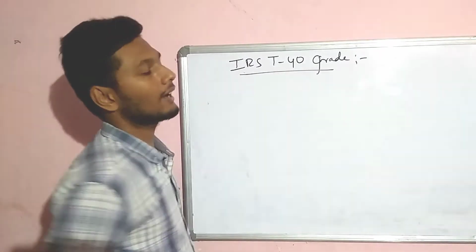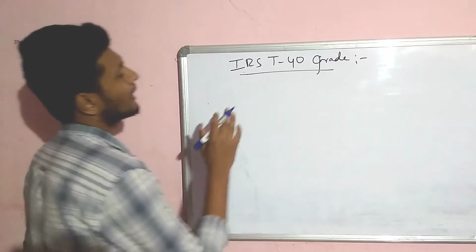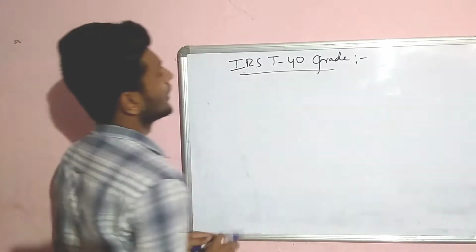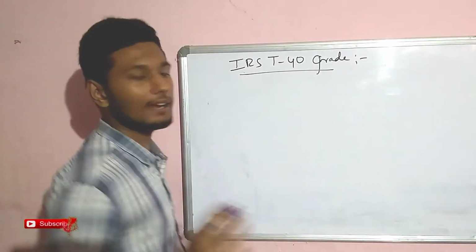IRST T40 grade cement is also known as Indian Railway Sleeper Concrete, and generally it is used in the manufacturing of sleepers in the railways.